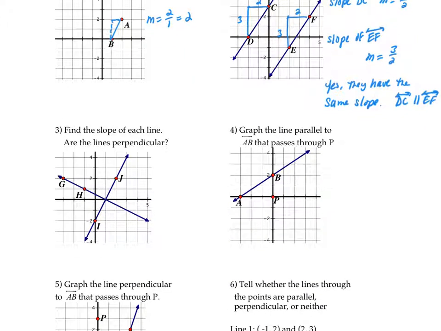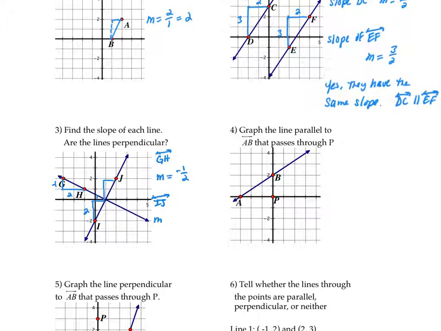Number 3, it says find the slope of each line. Are the lines perpendicular? Just be careful, because sometimes we take a quick peek and say they look perpendicular, but actually take the time to find the slope. For line GH, the slope would be -1 over +2, because I went down 1 and to the right 2. And the slope of line IJ, if we count it out, go up 2 and to the right 1, up 2 to the right 1.